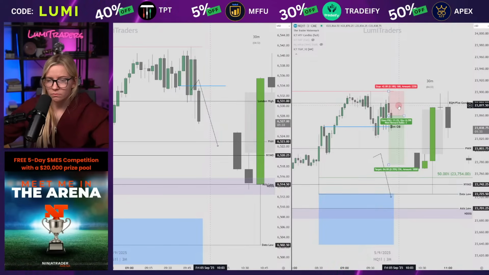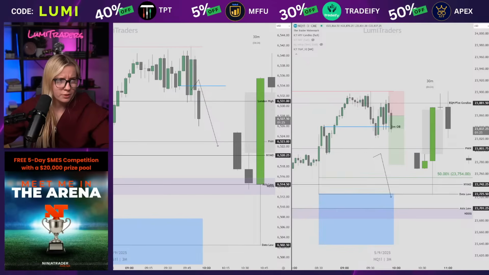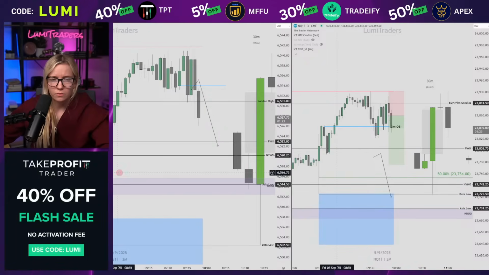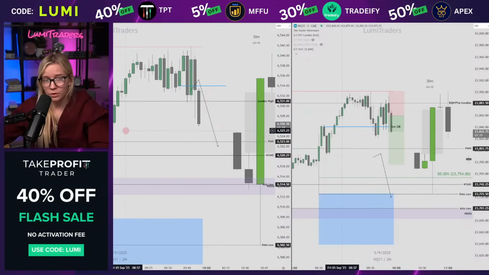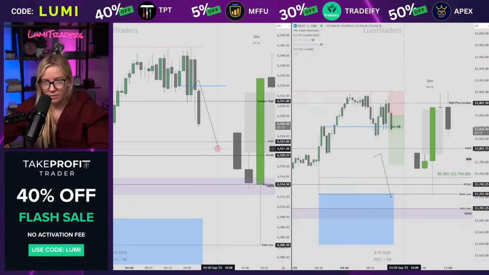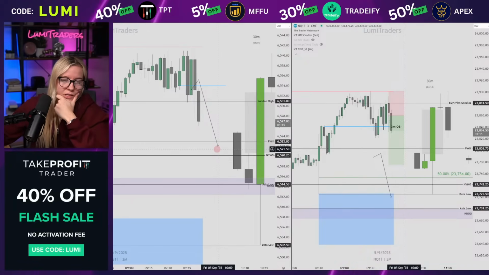Trump speaking at 11? Okay. No, sometimes the setup's quite obvious. For example, right now, I would say it makes sense for ES to drop here because it's quite obvious.